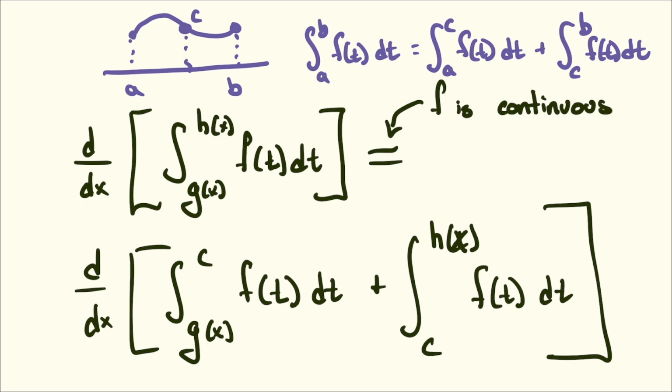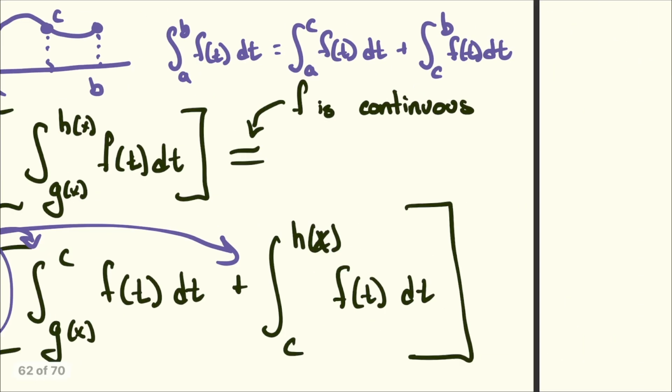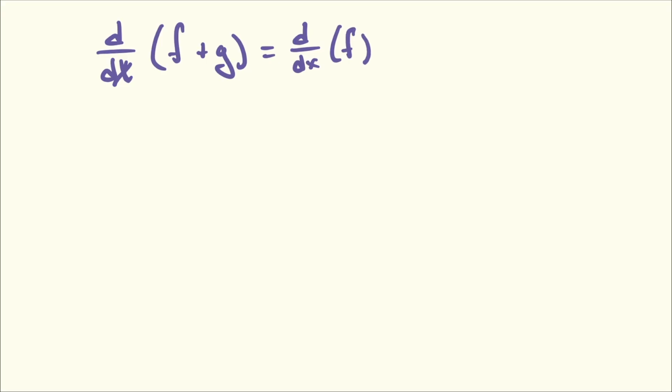Next thing we're going to do is use the properties of derivatives, and we're basically going to take our d dx here and distribute it among the two bits right here. Because if we're taking the derivative of f plus g, this is the same thing as the derivative of f plus the derivative of g.